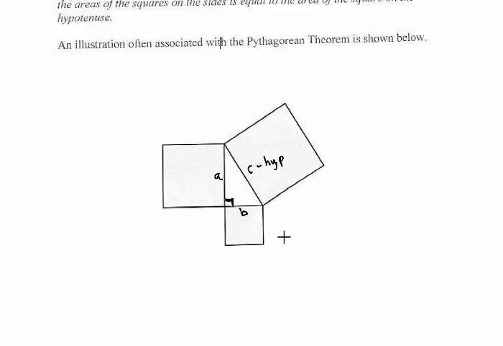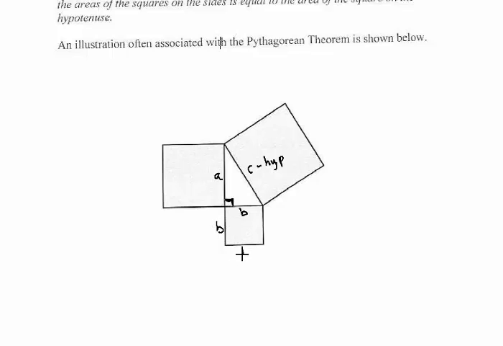Okay, what you can do if, as we said, we construct squares out of the lengths of the sides of this triangle, then this is going to be our B square.